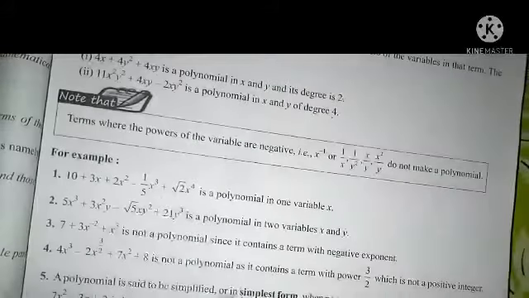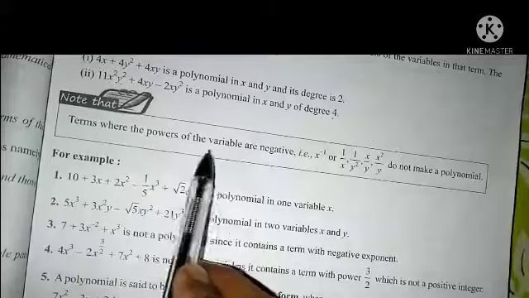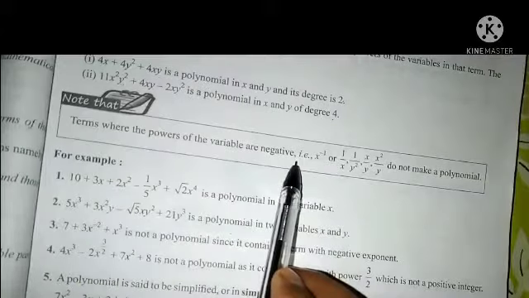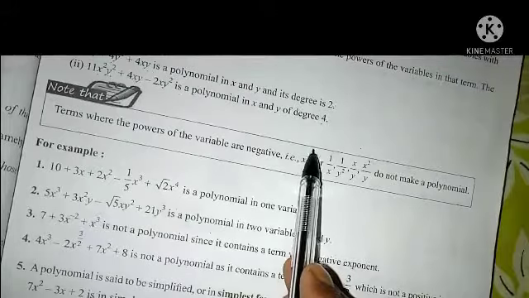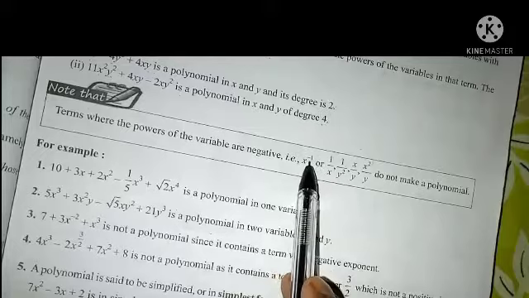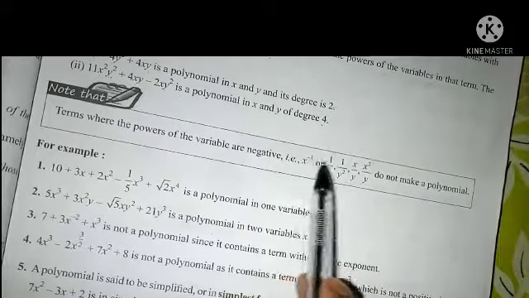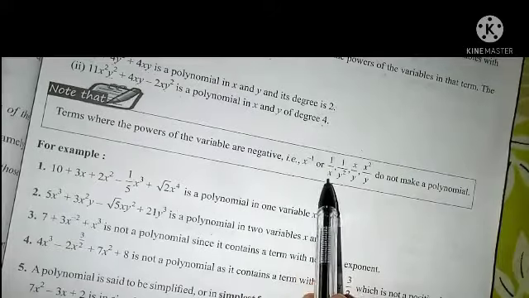Then next we have a note here: terms where the powers of the variables are negative. Say for example, if we have any polynomial where the power of the variable is in negative terms, we can write x inverse, which is 1 by x also.